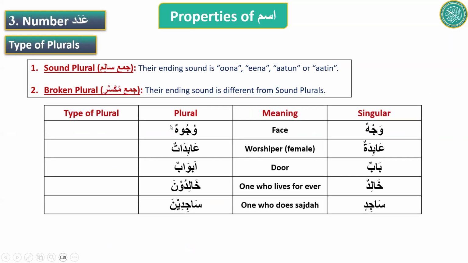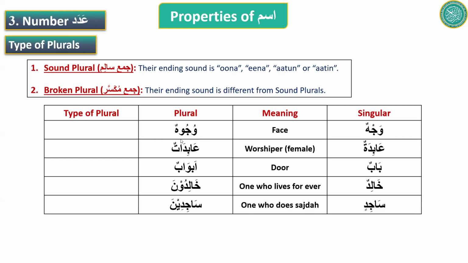So let's practice, or we can go to the breakout room now actually. We have 5 minutes and we can practice the type of plural. For example, let's do the first one and then we go to the breakout room. Brother Taimur, wajhun means face.